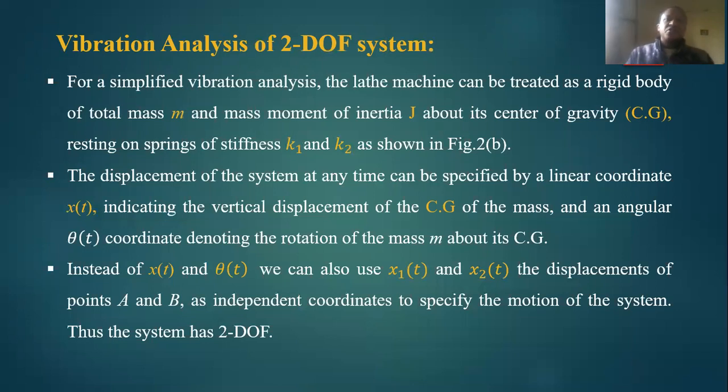So, vibration analysis of 2 degree of freedom systems, let's directly come to the vibration analysis. We already specified the laser machine, so a simplified analysis will be carried out for the laser machine here. The displacement of the laser machine about the CG is represented by x of t, and its rotation is represented by theta of t.